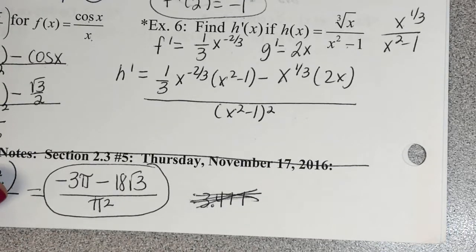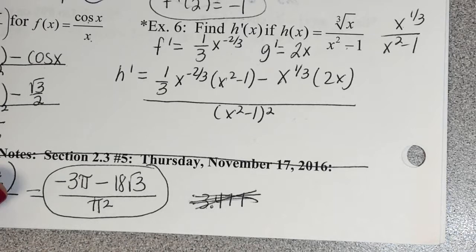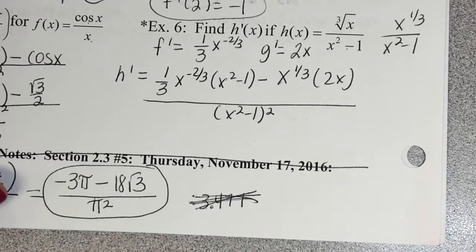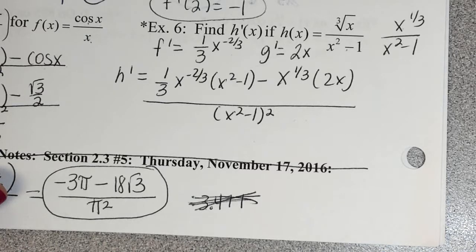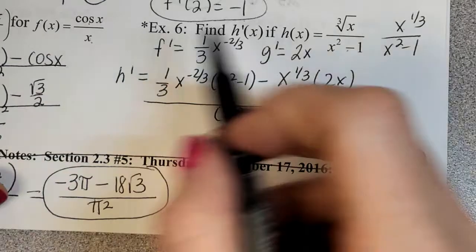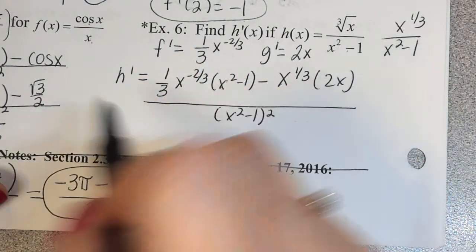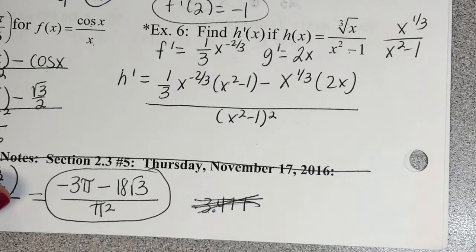This is one of those problems like I was talking about, where the first step is the only thing that's calculus right there, using f prime g minus f g prime. The rest of it's algebra. But this is some complicated algebra. Who knows what we could do here to simplify this? It's not simplified at all right now because we have a complex fraction. Any ideas?